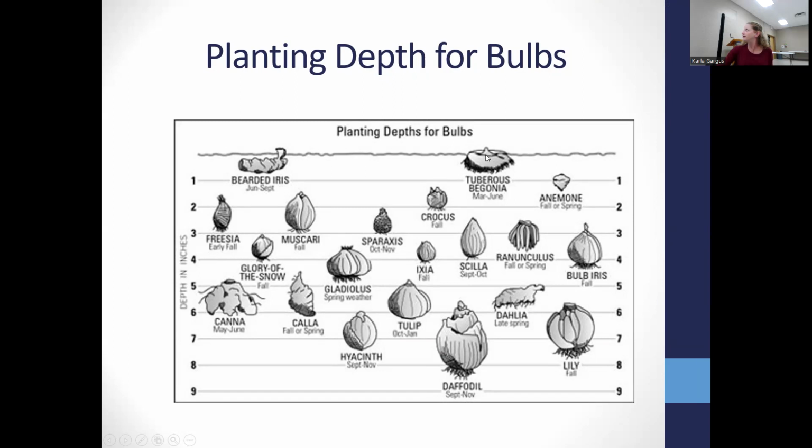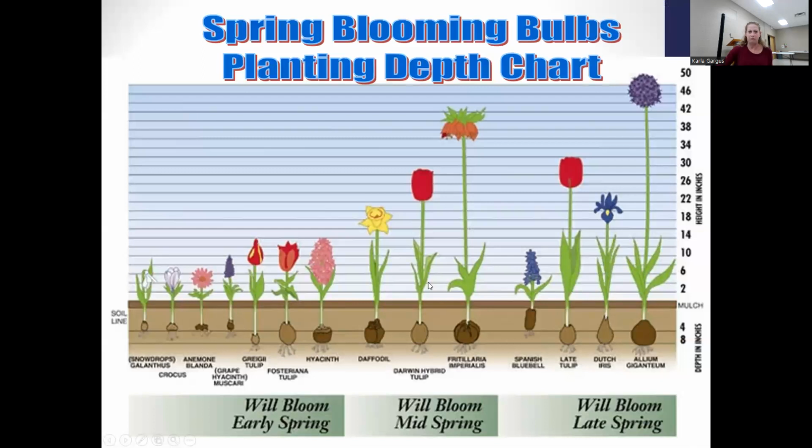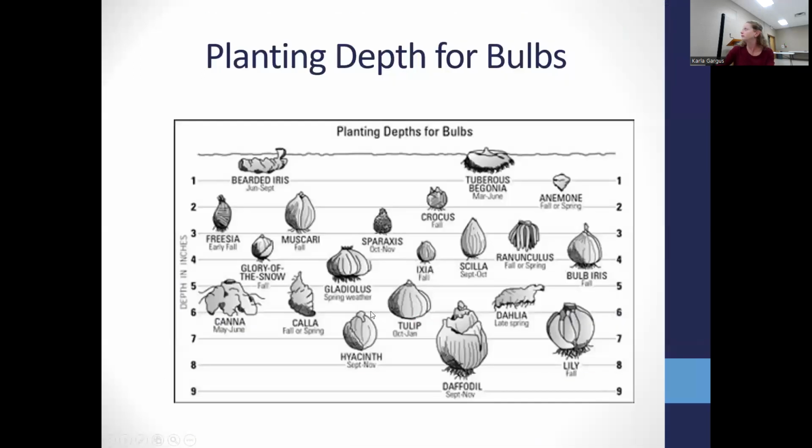The tuberous begonias, your iris, like to be right on the surface. Okay, so you can see cannas can go 5-6 inches deep. And calla lilies, same thing. Tulips, usually about 6 to 7 inches. So based on the size of the bulb itself, it's how deep you plant.